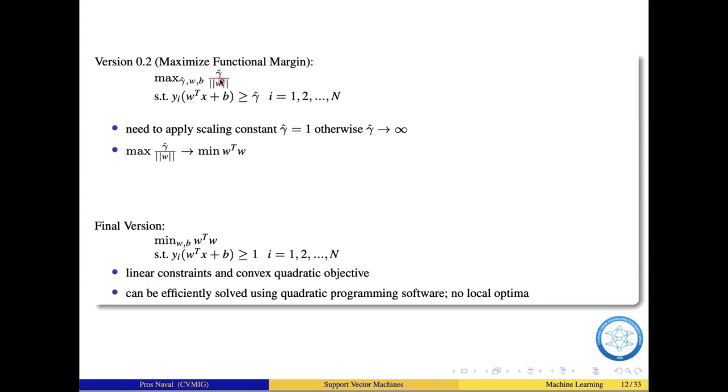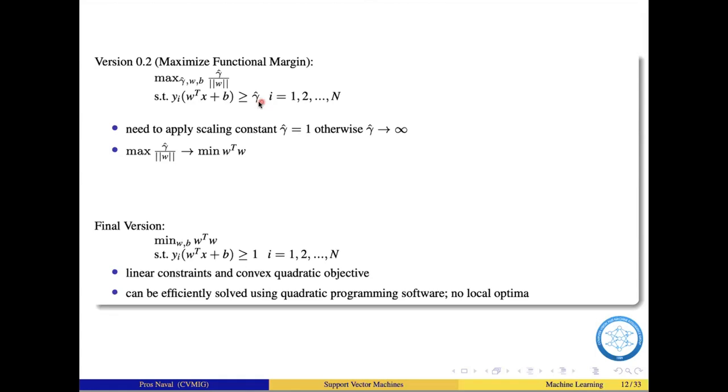We know that the functional margin is gamma hat, but we would divide it by the norm of W. So we want to maximize this quantity again, such that y_i times W transpose x plus b is greater than or equal to your functional margin.